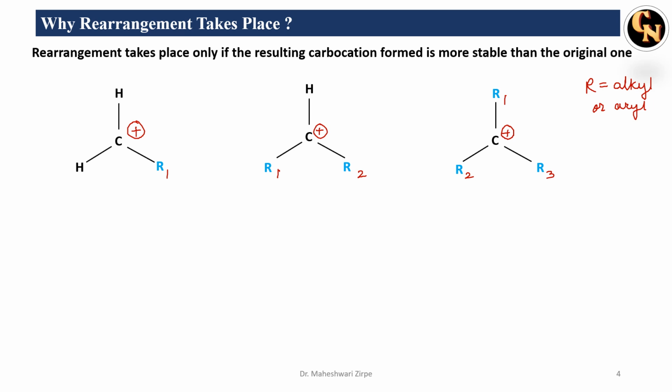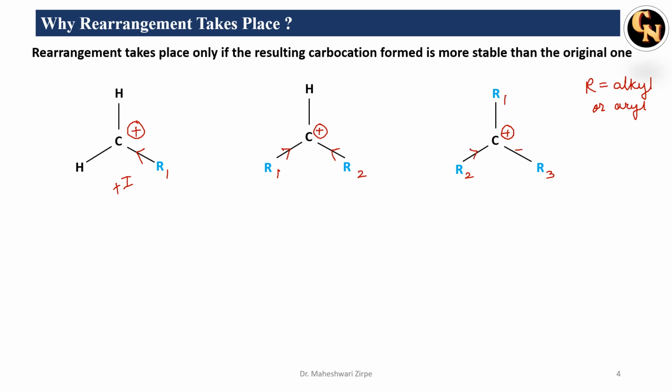So here, among these three, which of the carbocations will be more stable? In the first one there is only one R group, either alkyl or aryl. If it is alkyl, then it will show plus I effect, that is inductive effect. If it is aryl, then it will show resonance stabilization for the carbocation. Similarly, here there are two R groups, so the inductive effect will be more.